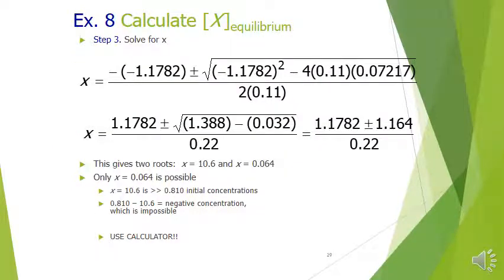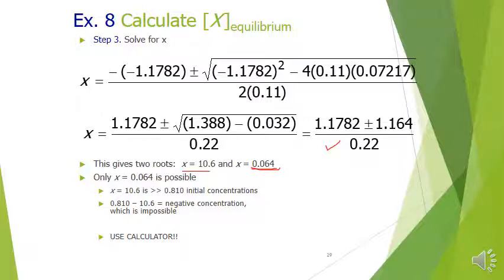So here's the quadratic, and when you get done, you end up with two values of x. Now, which one is going to make sense?